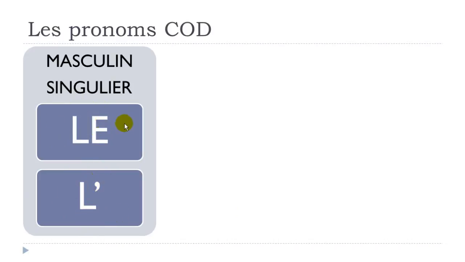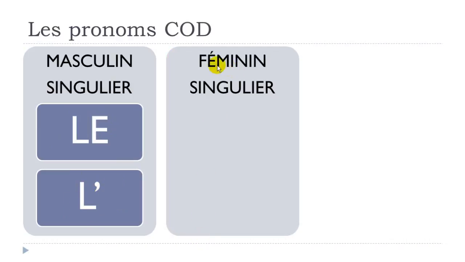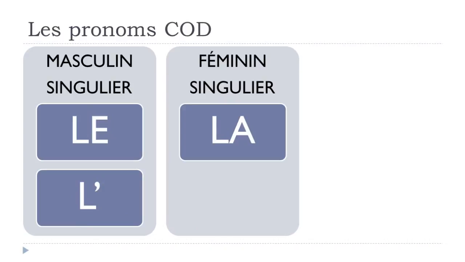Okay, le, or then L, like that. If it's feminine and at the singular form, so we're talking here about the third person of the singular, it will be la, or for the same reasons as previously, L apostrophe if you've got a vowel after.